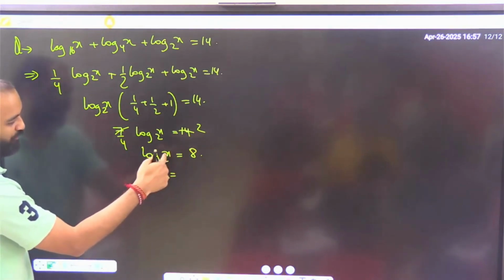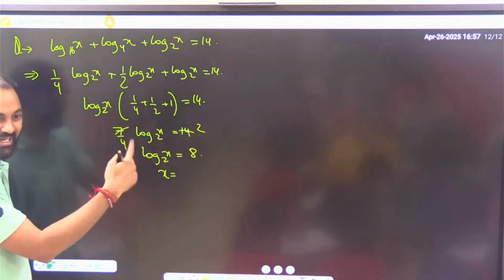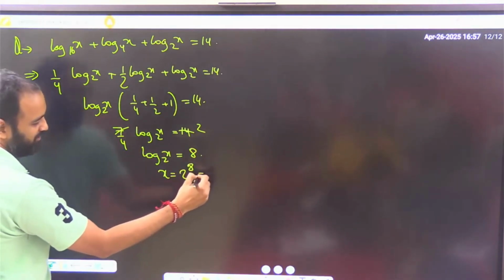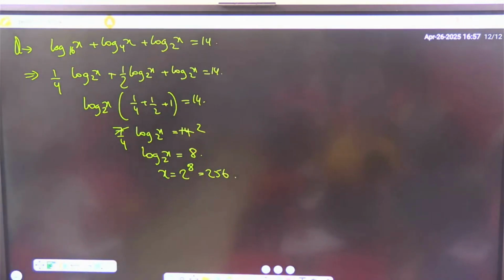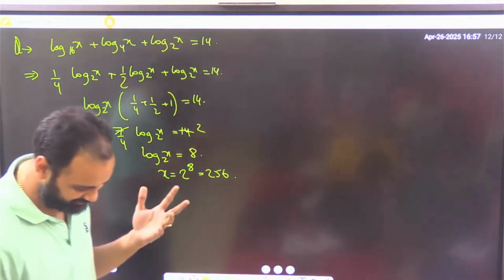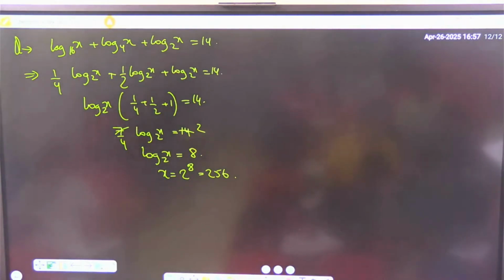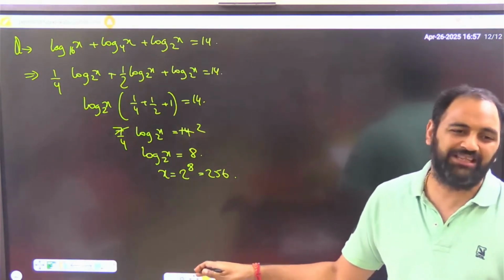Log of a number is the exponent to which the base must be raised. So x is 256. Are you okay with this? x being 256 and not 3.